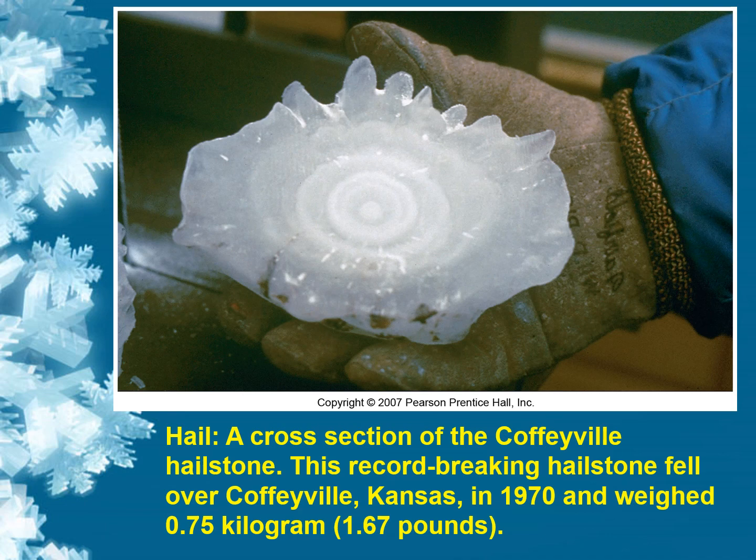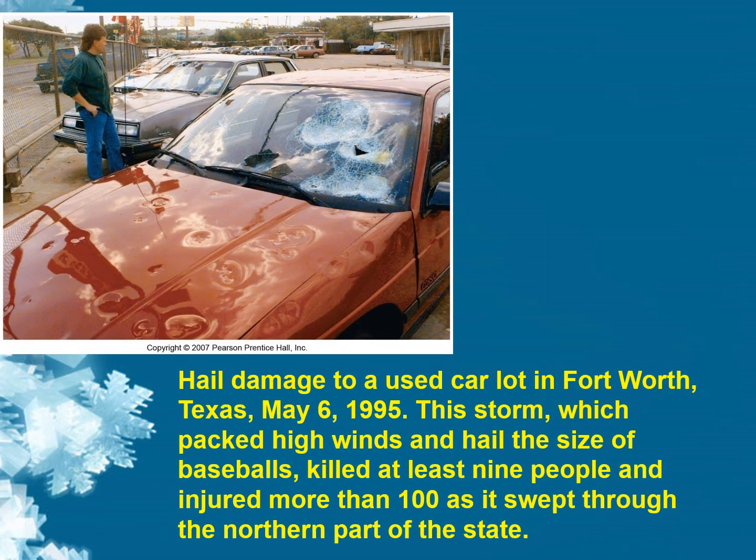This is back in 1970 over Coffeyville, Kansas. It weighed 1.67 pounds. Now look at that hailstone in that person's hand. Notice the rings. Every time the hailstone goes through supercooled fluid, it adds another layer of ice. So this is what hail can do.